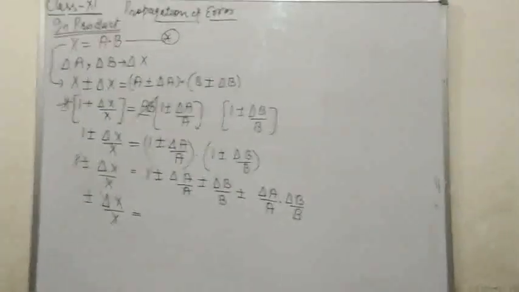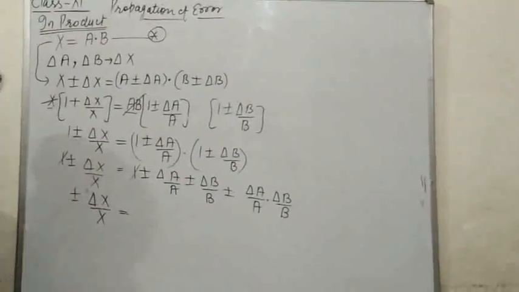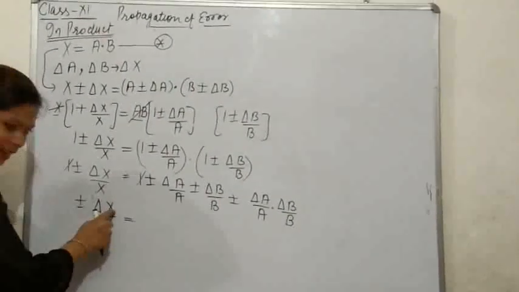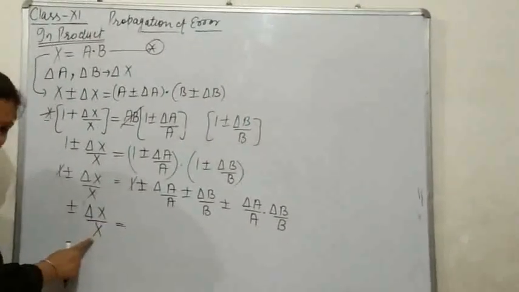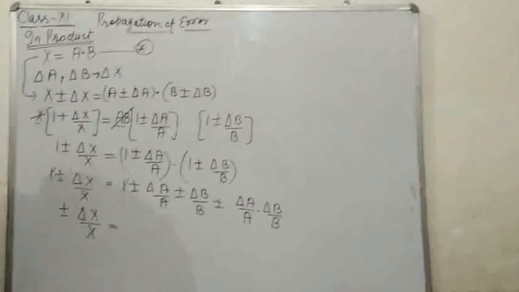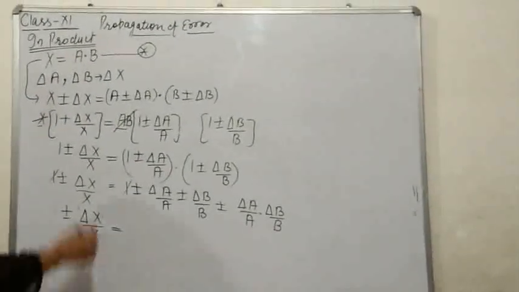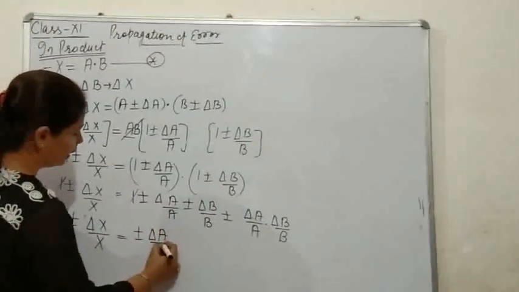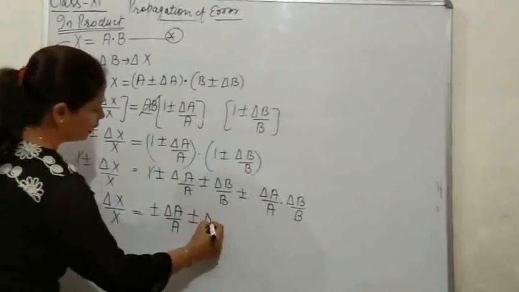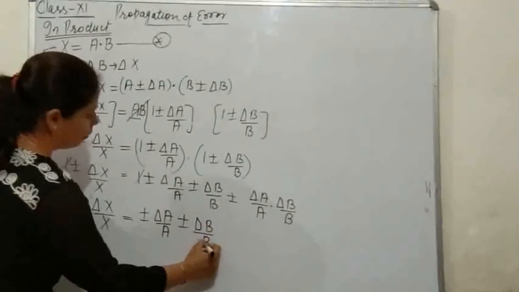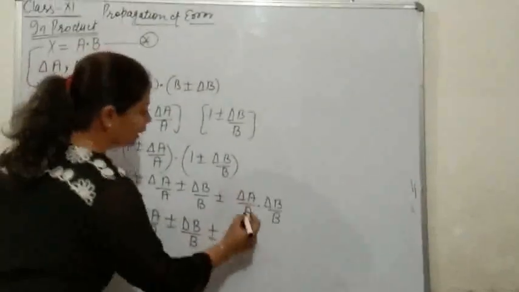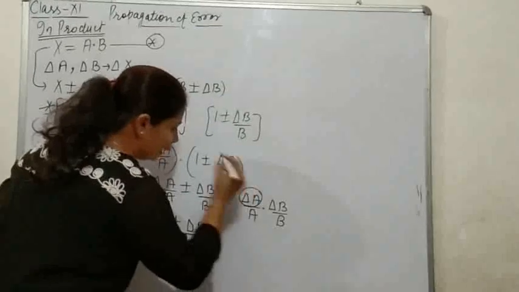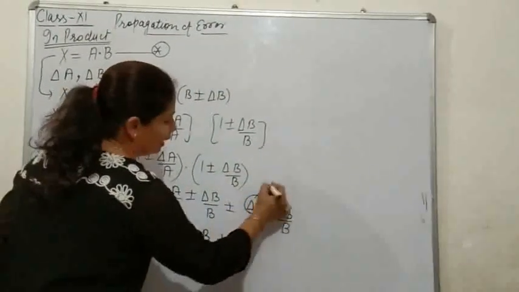Taking a pause, let us assume what it is this indicating on the left hand side, that is the error in x and it is the value of x. Error upon a value, that is the fractional or relative error in x. Clear? Same here, plus minus relative error in a plus minus relative error in b. Now this is the error in a, divided by a, it will be the relative error.